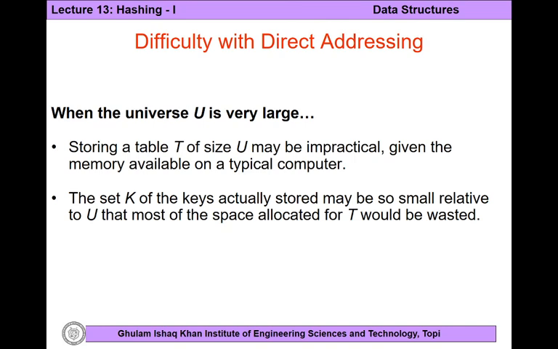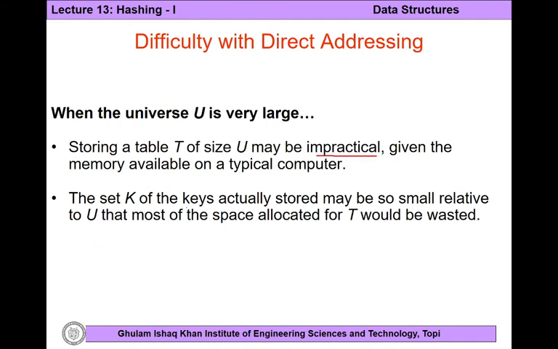But there are difficulties as well in case of the direct addressing table, and the first difficulty is that storing a table T of size U may be impractical, because if the size is very large, it cannot be stored.